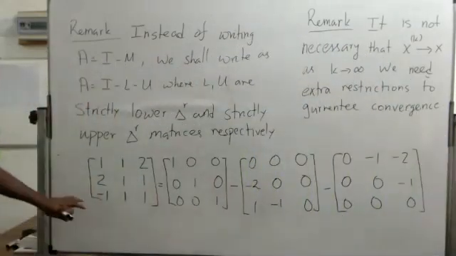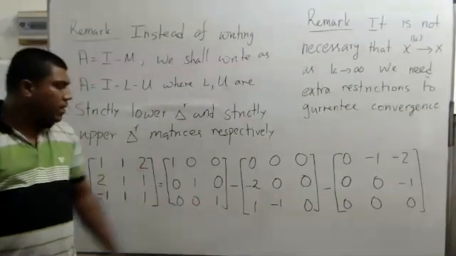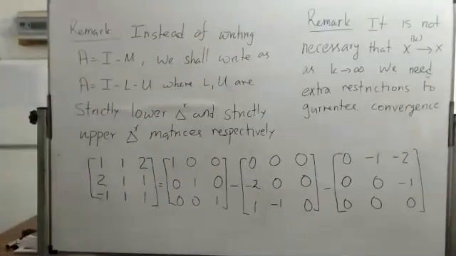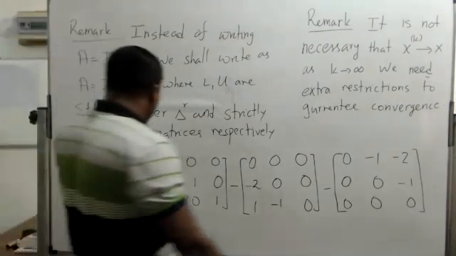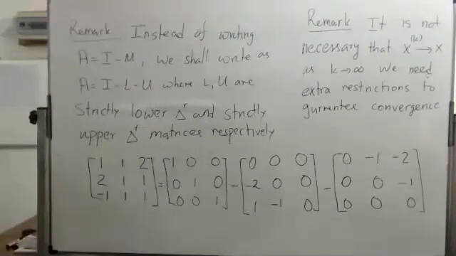So you can write this matrix A as the identity matrix minus L, which is a strictly lower triangular matrix, no elements on or above the diagonal, minus U, a strictly upper triangular matrix, so that means no elements on or below the diagonal.